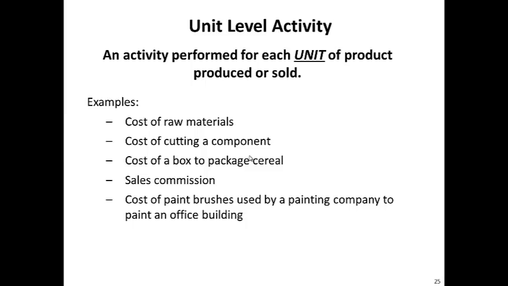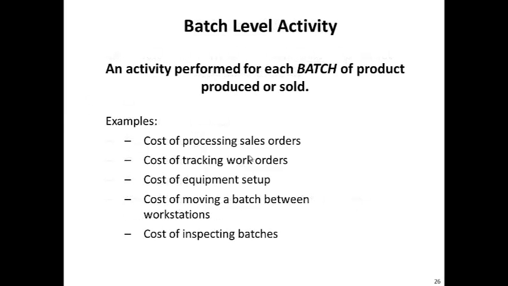The next level is the batch level. This is an activity performed for a batch of product produced or sold, so it's a batch of the units we were just talking about. Examples would be the cost of processing batches of sales orders, the cost of tracking work orders, the cost of equipment setup, the cost of moving a batch between workstations, and the cost of inspecting batches.